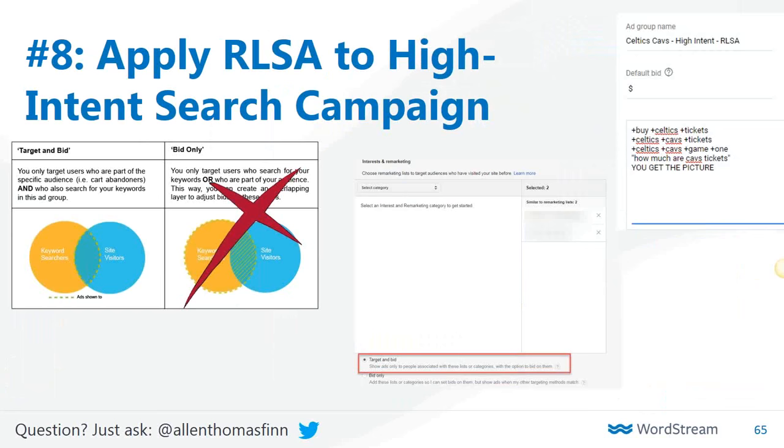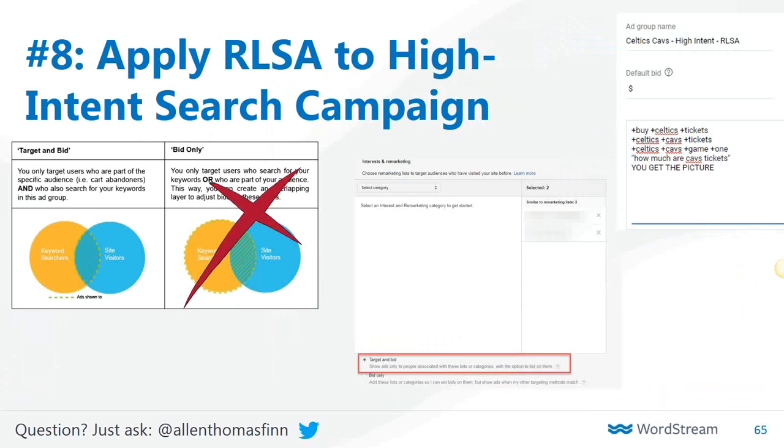But today what we're going to focus on is target and bid, since we want to maximize the value of every click we're getting on AdWords. Now, target and bid will exclude anybody who is not in the audience that we have created. Again, this is why making sure that we have a very broad audience we're advertising to on Facebook with our reach campaigns is so integral.